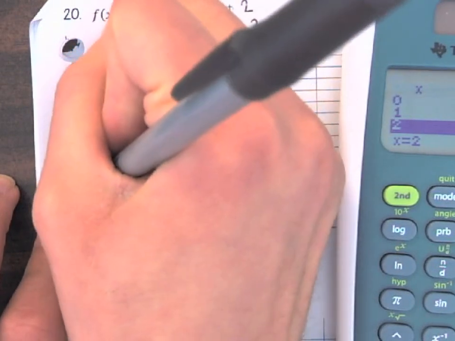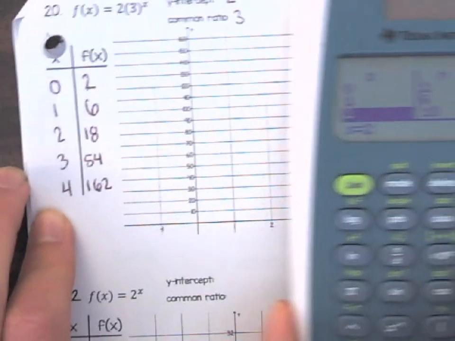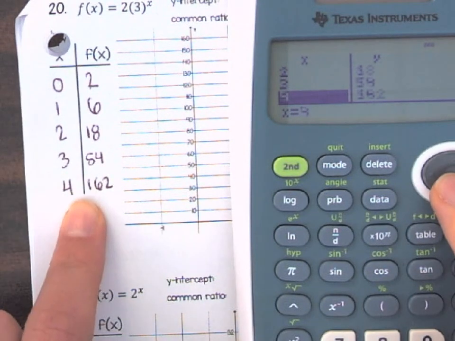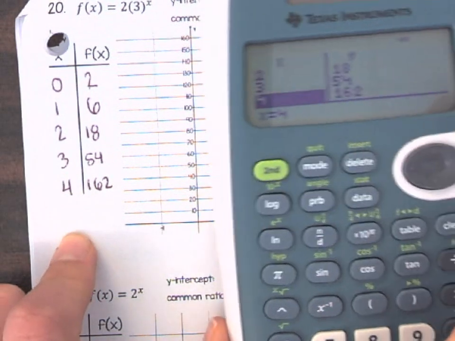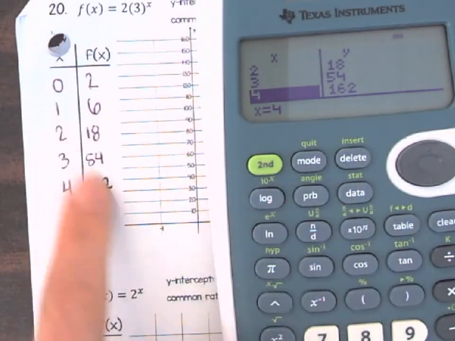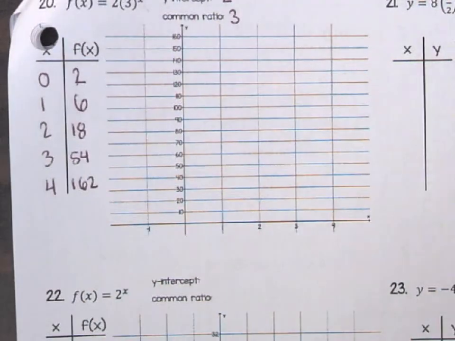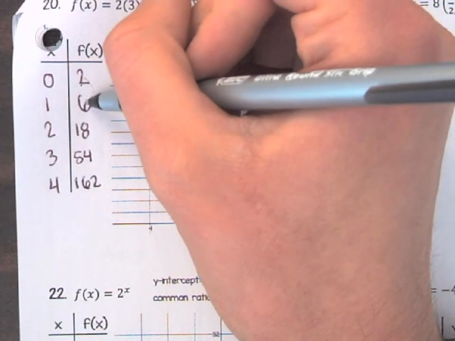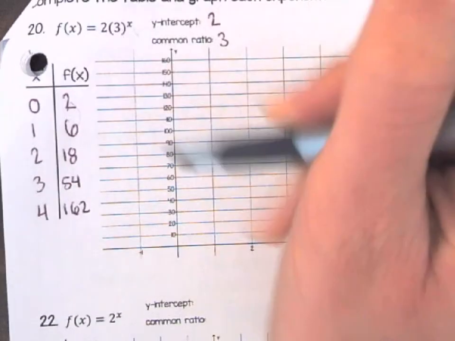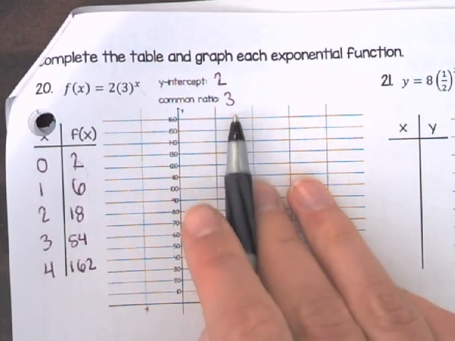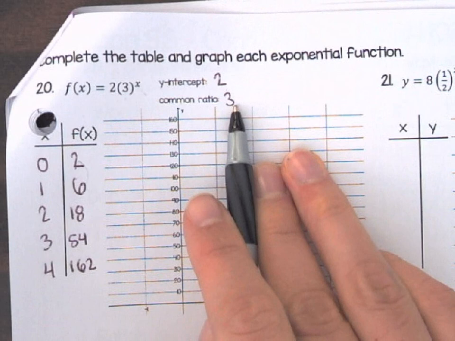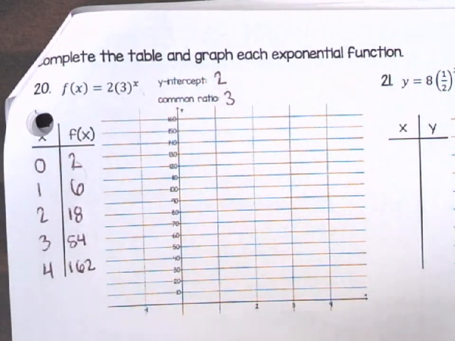I'm not going to scroll through the calculator. Okay, so we see we get the 54 and the 162. Okay. So we can see there's a pattern here. It is multiplying by 3 each time, which is what we expected because that's our common ratio. It says start at 2 and multiply by 3 each time, which is exactly what happened with our y values.